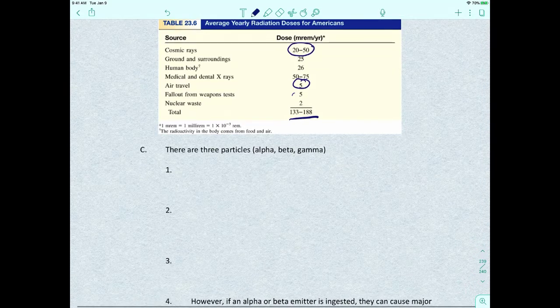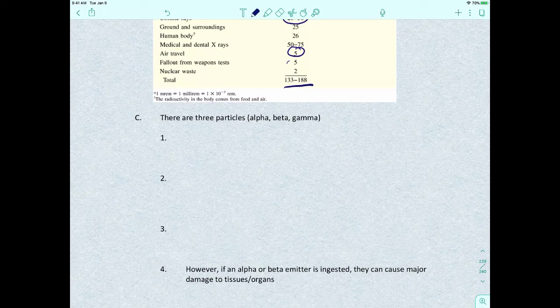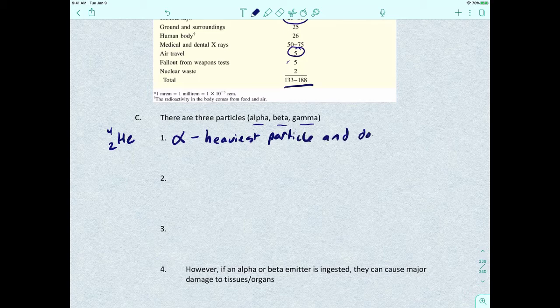Now, like I said, there's 3 major particles that we deal with: the alpha, the beta, and the gamma. Alpha, we know, is the helium nucleus. The alpha particle is the heaviest particle, and it's going to do the least amount of damage. Usually alpha particles are stopped by clothes and skin.